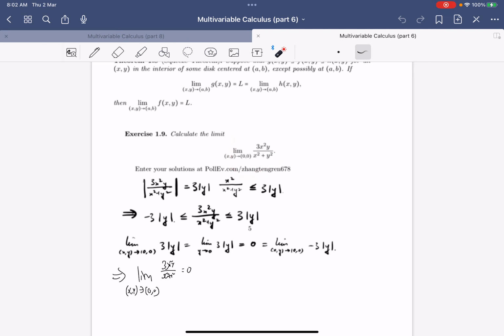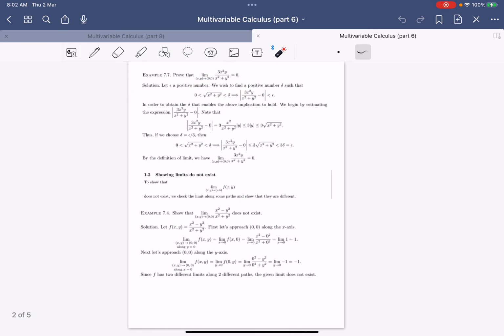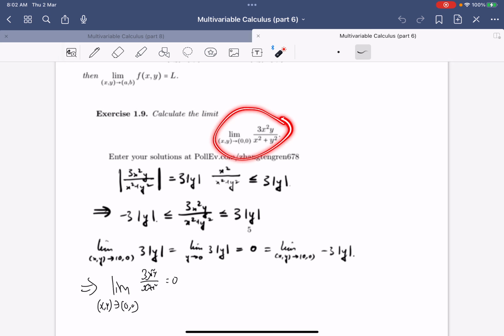So you want to calculate the limit of this function, and in our earlier example we have shown that it equals 0 using the definition. But now we shall make use of the squeeze theorem to easily show it. Because we know this function is bounded by 3 times mod y.